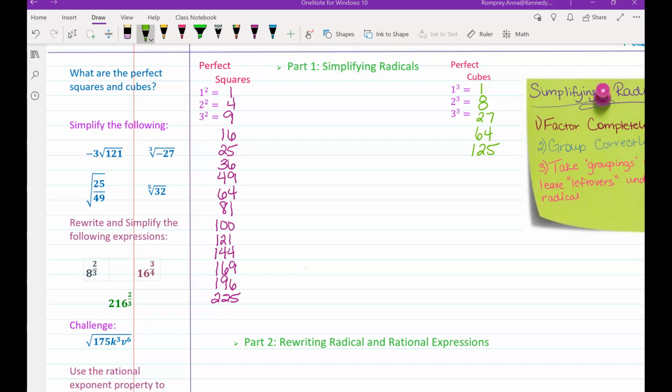The first 5 perfect cubes are really all that you need to recognize. You can absolutely learn more, but I don't expect you to recognize them off the top of your head. If you want to, 6 cubed is 216. 7 cubed is 343.